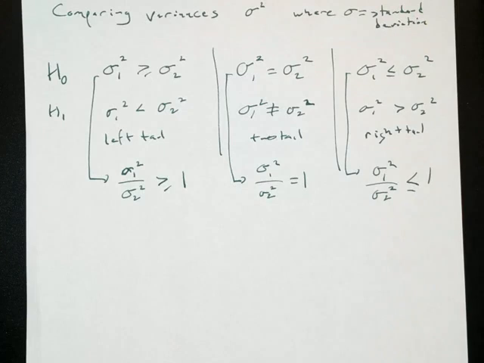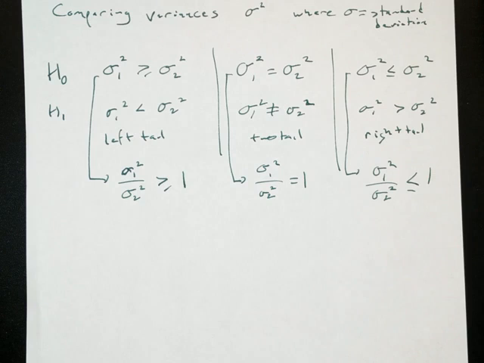A statistician by the name of Ronald Fisher looked at the way in which standard deviations and variances related to each other, and he came up with a different distribution, a different picture. Not our normal picture, not our student t distribution, not our binomial, not our uniform.